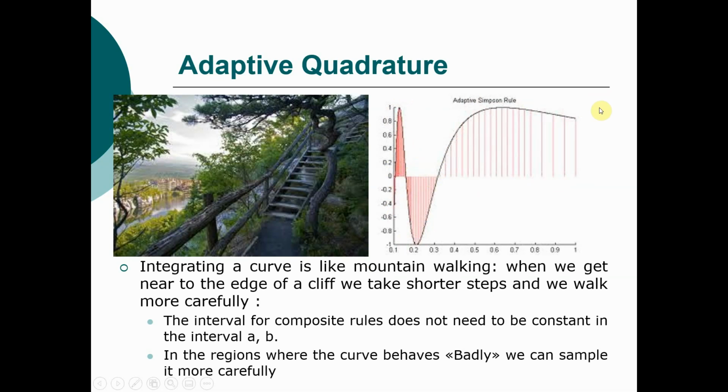In some cases, the function doesn't change that much, right? If the function changes very slowly, there's no need to have a small step, because you need to do more calculation. It's going to put a lot of calculation burden on your software or on your program. So what we have in real life is something called adaptive quadrature, right?